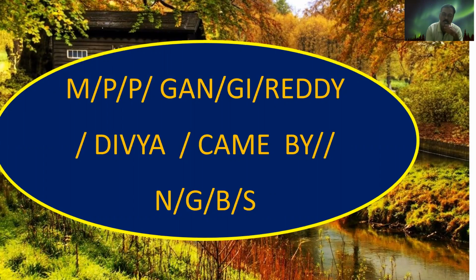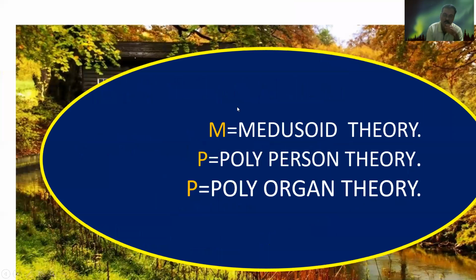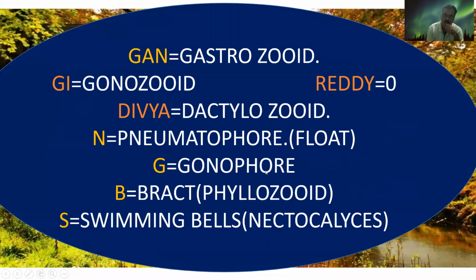Here you can see the mnemonic in a better way. MPP means medusoid theory, polyperson theory, polyorgan theory. GAN means gastrozooid, G means gonozooid, and the rest has no meaning.